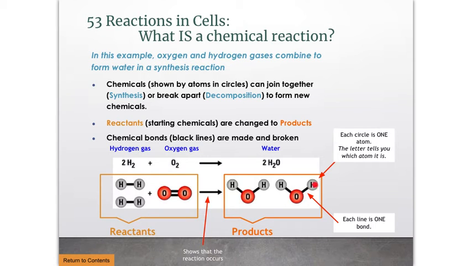Each circle is one atom. The letter tells you what atom it is. So this is hydrogen, this is oxygen. And the line here is a covalent bond. This with 2 lines is a double bond, meaning 2 covalent bonds together. In technical detail, this means that these two are sharing 4 electrons, whereas these hydrogens are only sharing 2 electrons.